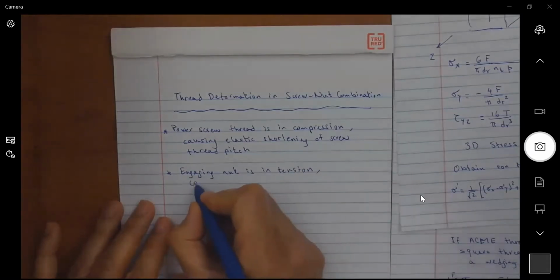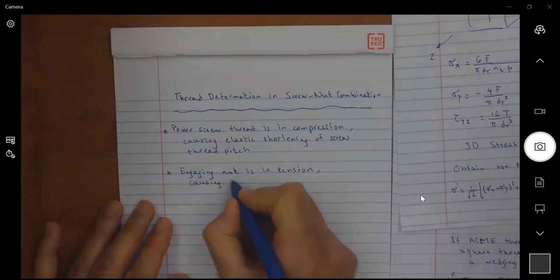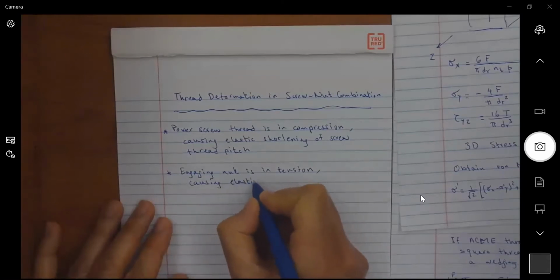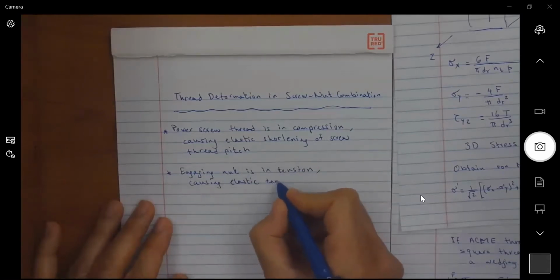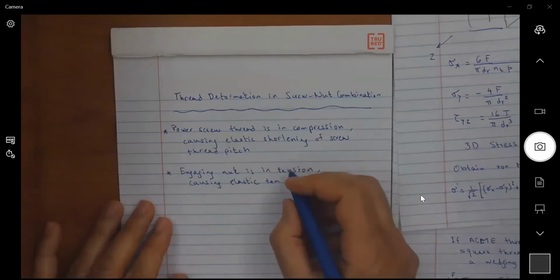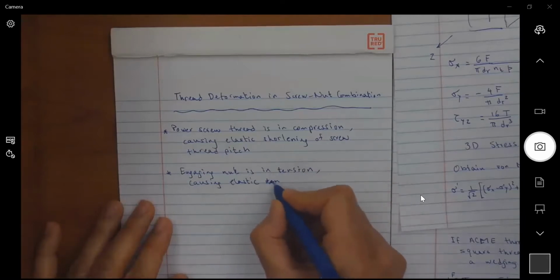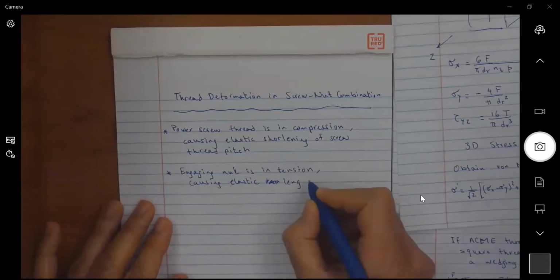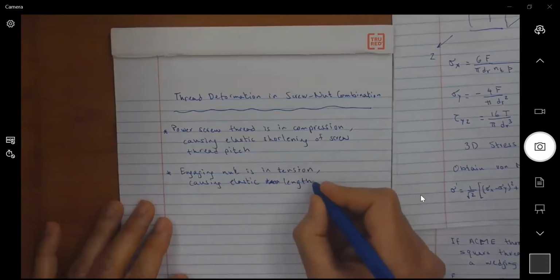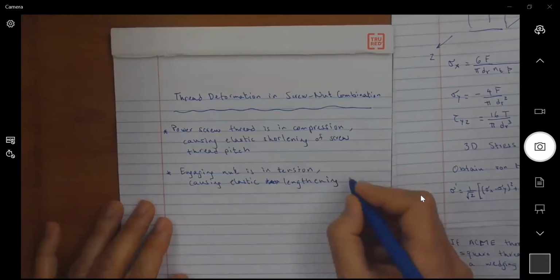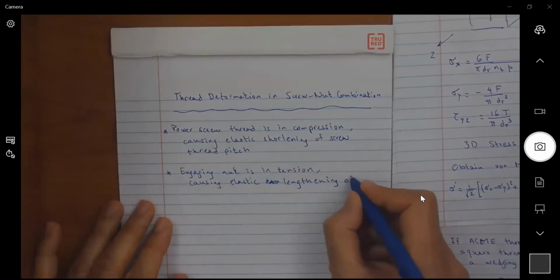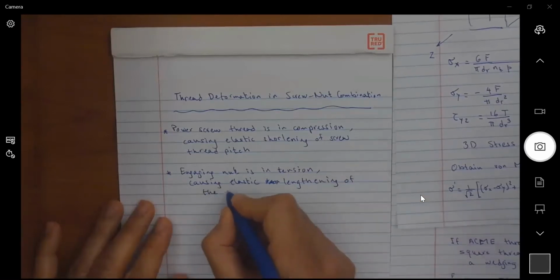This will cause elastic tensioning or lengthening of the nut thread pitch.